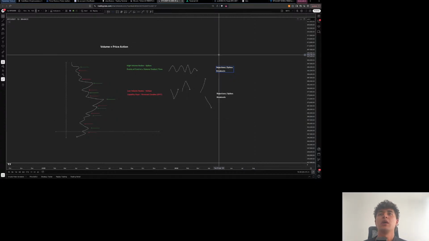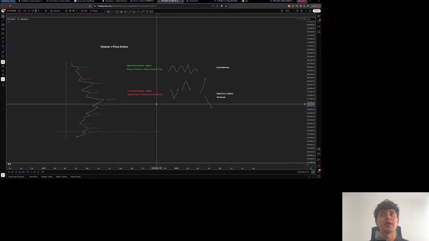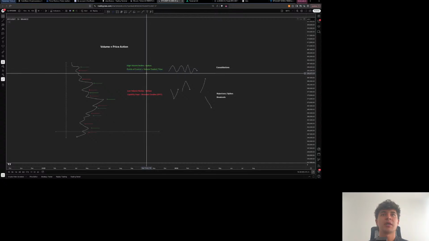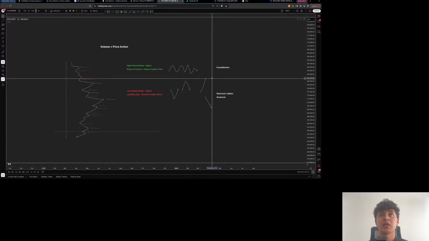Now that we understand volume and price action from this perspective, we need to understand what happens on high volume nodes and what happens on low volume nodes and how they are correlated with price action. Like I'm telling you, volume on high volume nodes is directly correlated with consolidations because there's a lot of volume being traded in that price range, while low volume nodes are directly correlated with price action candles like liquidity gaps or reversal candles, because the normal price action on low volume nodes is either breakouts or rejections.